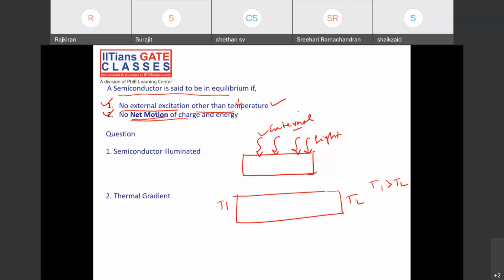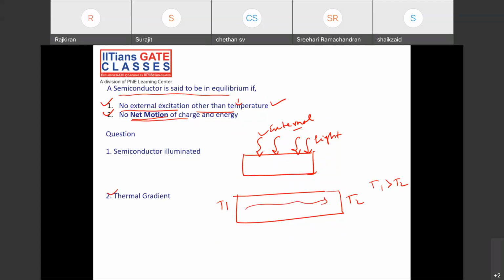The first criterion is no external excitation other than temperature. This is met, because there is only temperature and no other external excitation. But the second criterion is no net motion. Since the temperature is higher here and lower there, heat energy will move from 1 to 2.